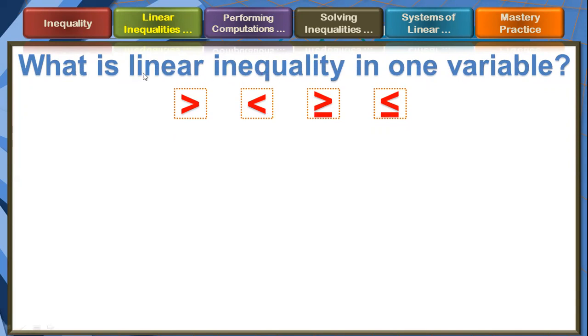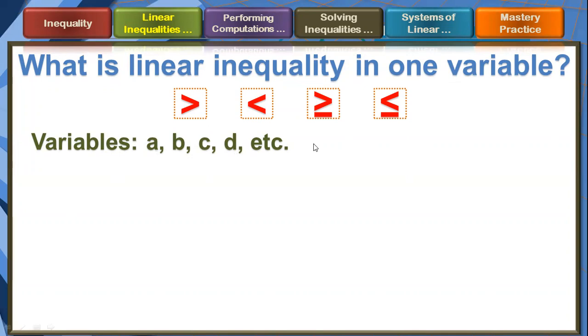But here we have to be mindful that we also have these words, one variable. What does it mean? Variables are letters for any quantity that can be substituted, for example, A, B, C, D, and so on.